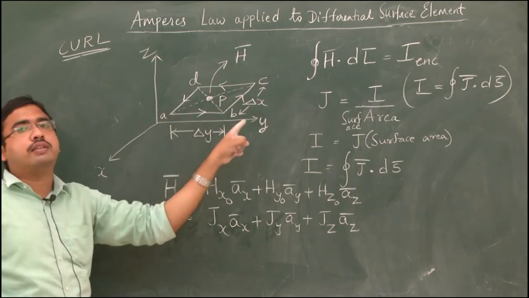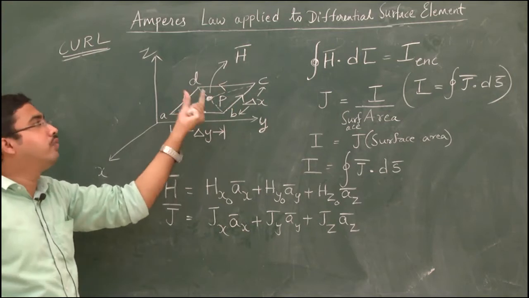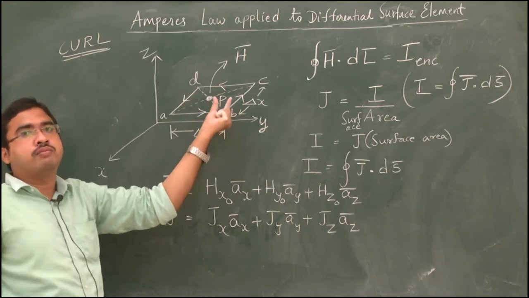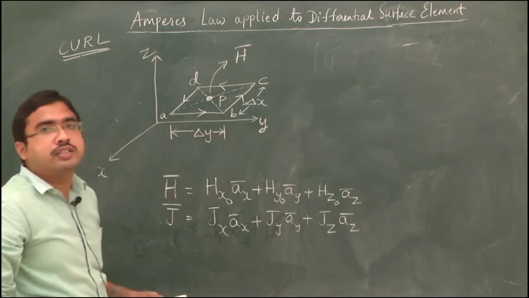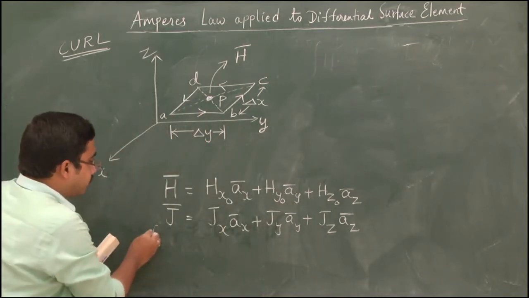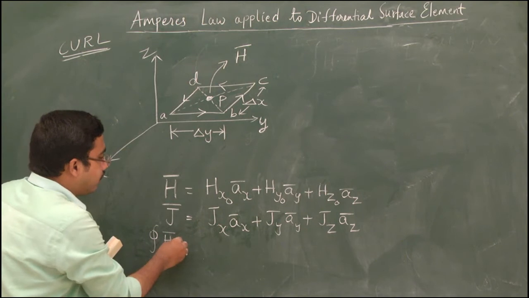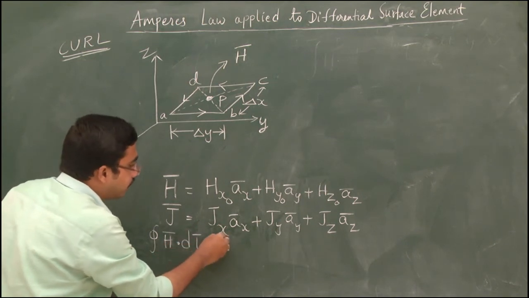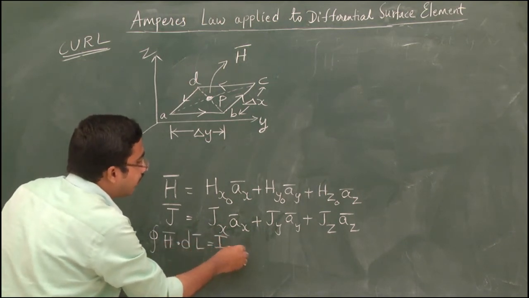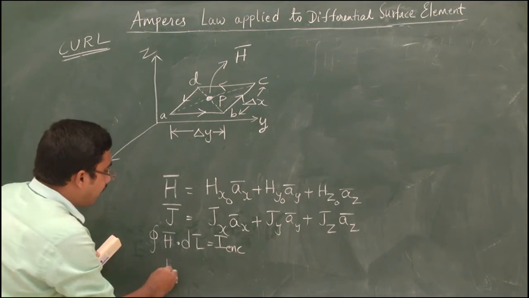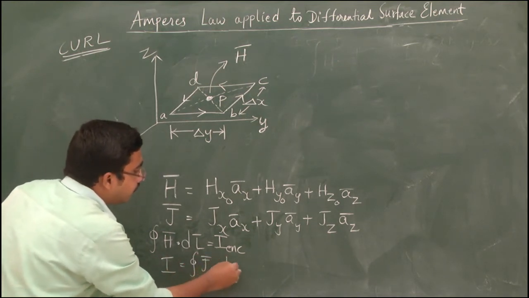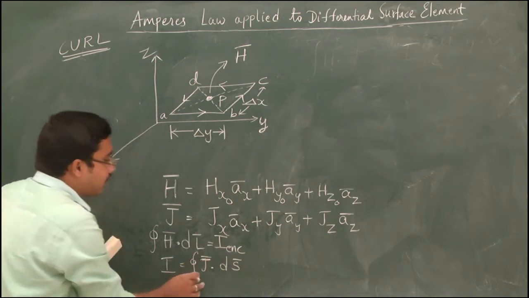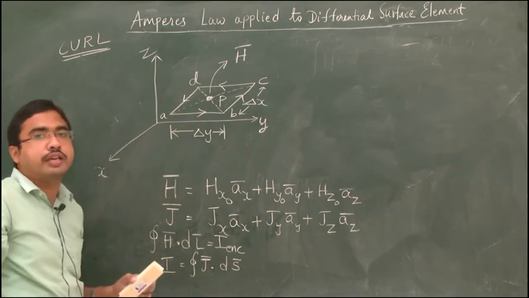All these four paths will have their own influence on this point P. The formulas we are using are: line integral of H bar dot dl bar equals the enclosed current I, and I equals integral of J bar dot ds bar.